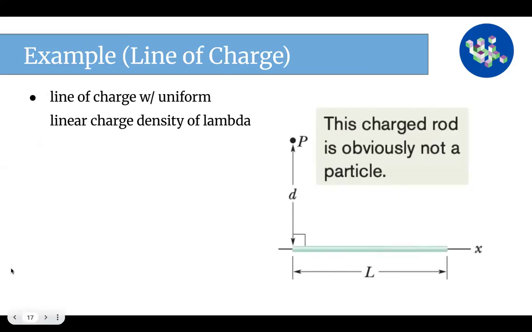We'll do this example. I'll give you some time to work on it and then we'll go over it. It's basically the potential due to this charged rod with uniform density lambda.